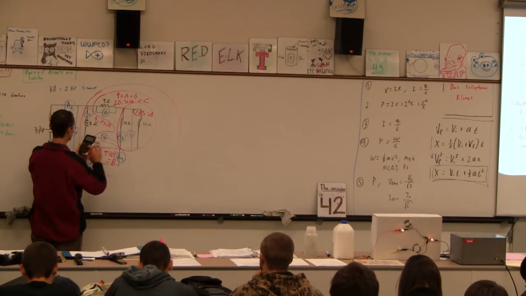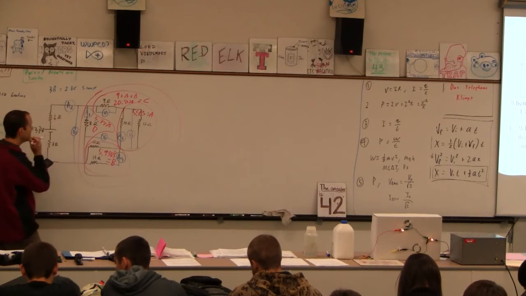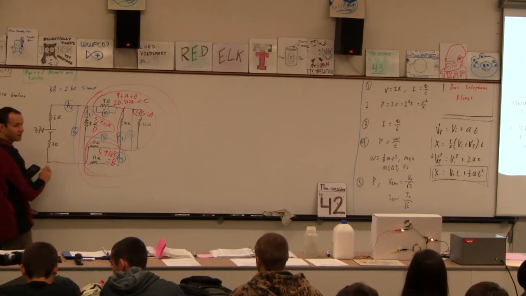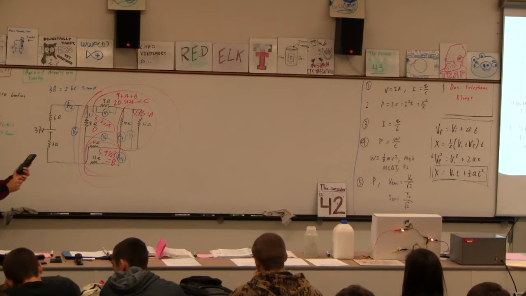I'm going to store that in D. That's our letter D, right? Okay, and now we've got 6 and D and 7, and those are just a series circuit, right? It's solvable. Do you have questions so far?